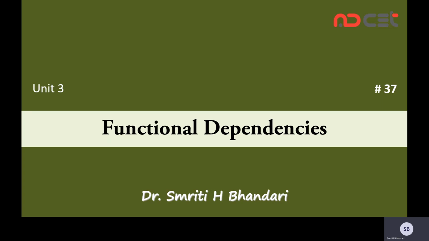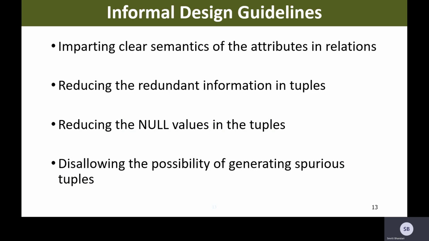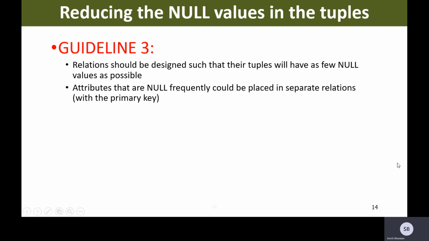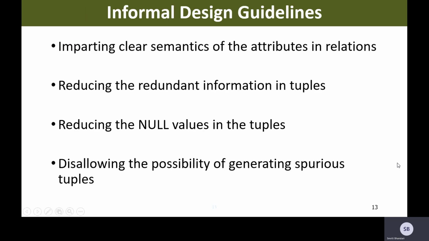Further, in the last session, we started discussing informal design guidelines. These informal design guidelines are imparting clear semantics of the attributes in relations, reducing the redundant information in tuples, reducing the null values in the tuples, and disallowing the possibility of generating spurious tuples.